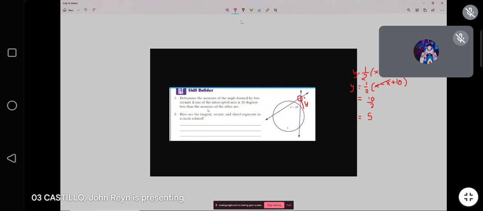Now, we call it a relative value, not absolute value. Any measurement you assign to x, it is still bigger than x minus 10. X minus 10 is always a shorter number because of the minus 10. Mag-assign ka ng 100 sa x. 100 minus 100 minus 10 gives you always 10.